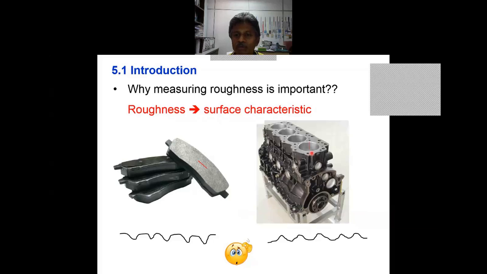And then what will happen to the engine? Anybody? Oil leaking. You see this part, you've got a lot of peaks like this, inside the bore. Friction will be higher. What will happen?